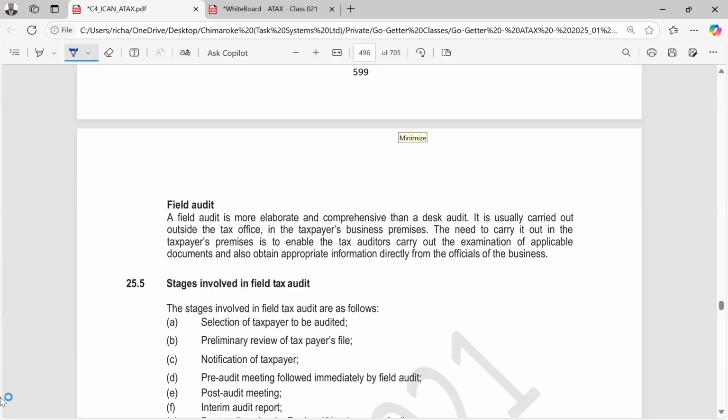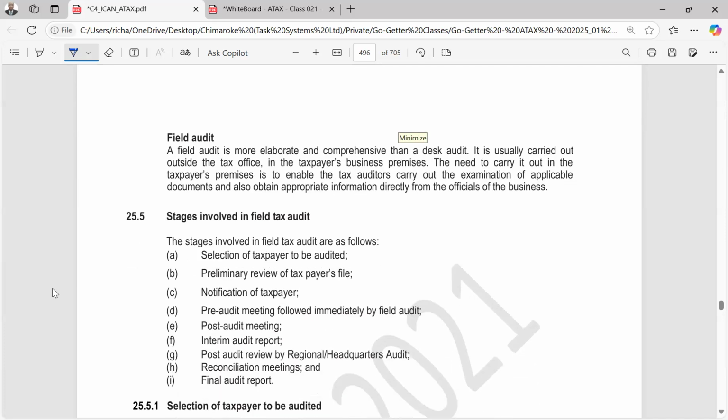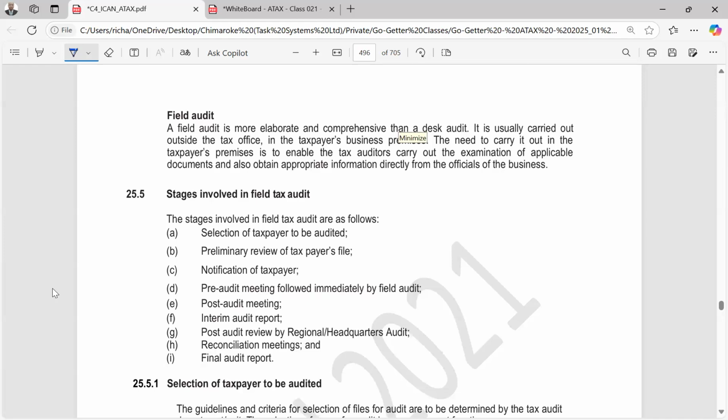Now, there are steps involved before a field audit will be done. First of all, they will need to select the taxpayer to be audited, followed by preliminary review of the tax file. Notification of the taxpayer follows. There's a pre-audit meeting.